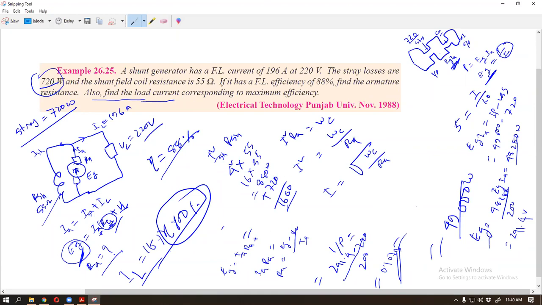So now root over constant loss, and RA is equal to already calculated, this is your RA, 0.107. What's the value? Please do a quick calculation of this.